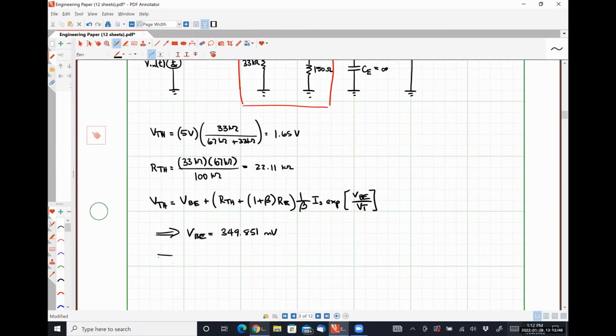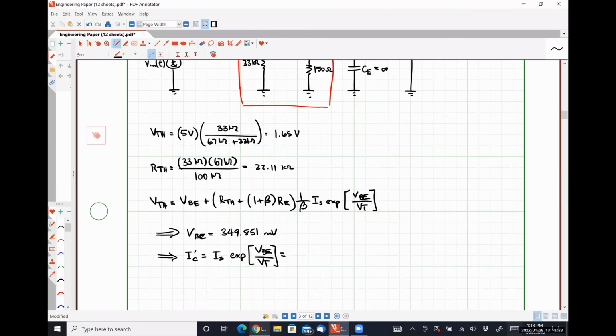And from here, I know that IC, and I guess really we'll call it IC prime. I'm going to give up on using this prime notation probably literally the next time I write it down. But it's representing the collector current with the early effect neglected, is IS EXP, the value that we determined for VBE over VT.